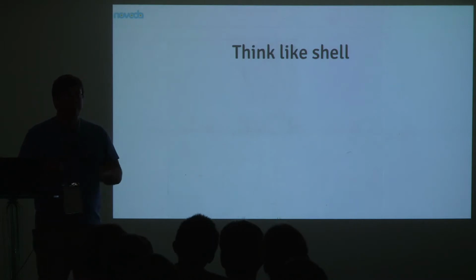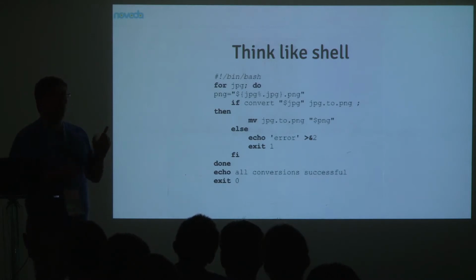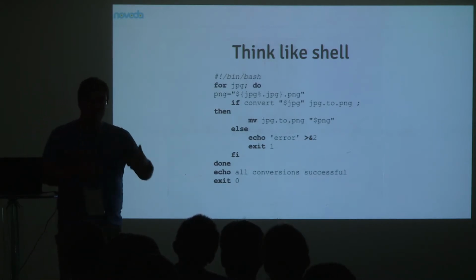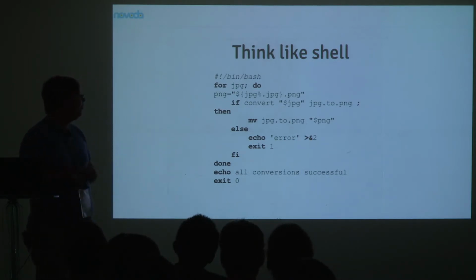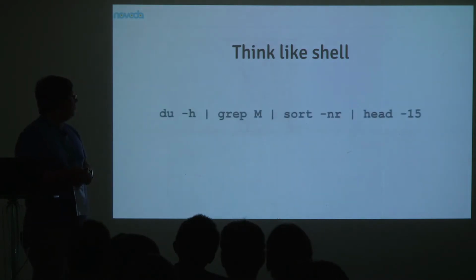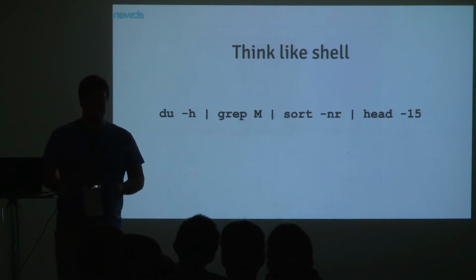If you use shell, if you've ever used like small snippets, you probably don't do this every single time you try to do something. You don't write a script just to do this, and then have a huge folder with all your little scripts that do all those small things. Most of the time, you'll do something like this. This is functional programming. This is using small components that are dedicated to do one thing and do it well, and then combining them together.